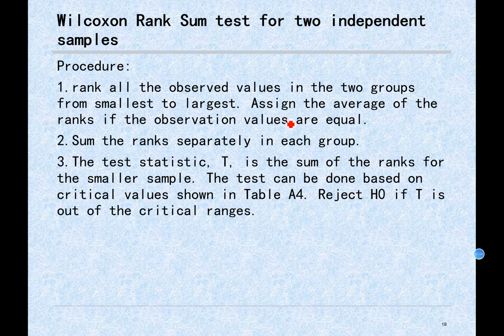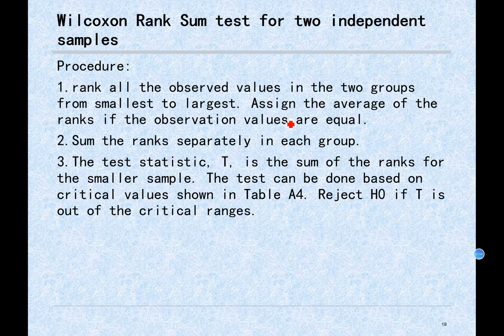Number three, the test statistic T is the sum of the ranks for the smaller sample. So that means we cannot choose either one from the two anymore. We need to choose only one.